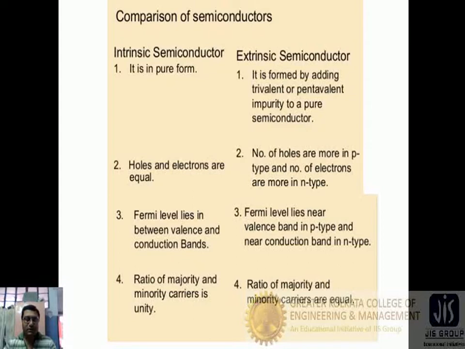For the intrinsic semiconductor, the ratio of majority and minority carriers is unity, and for the extrinsic semiconductor, the ratio of majority and minority carriers is not equal. So this is the comparison between the intrinsic semiconductor and the extrinsic semiconductor.